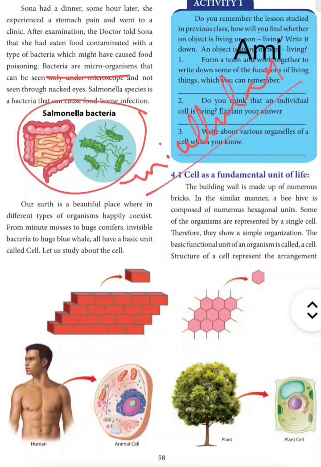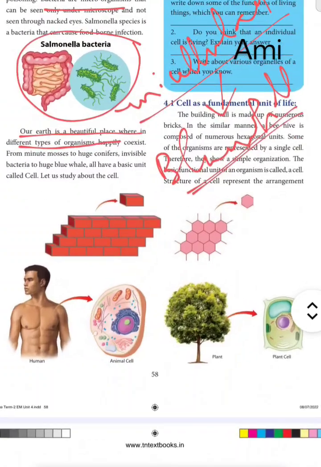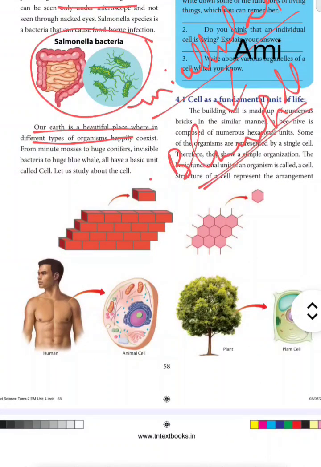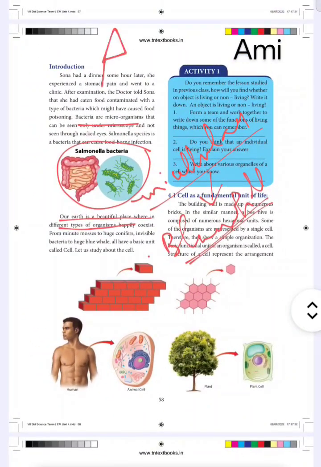Right. So, if we observe, our Earth is a beautiful place where different types of organisms happily coexist. Starting from a unicellular organism to a gigantic blue whale, every organism exists in this living world. A home or any kind of building is made up of small bricks and cement.